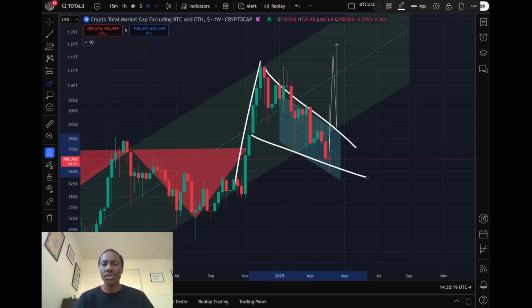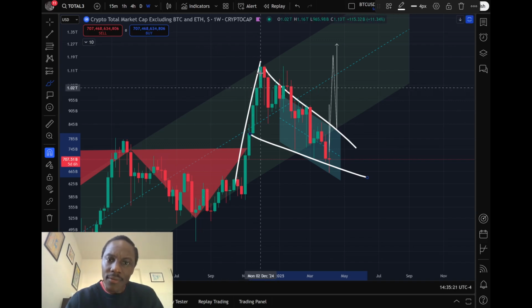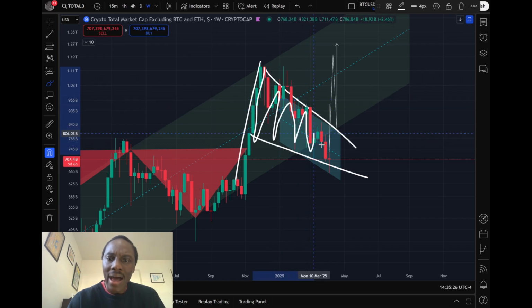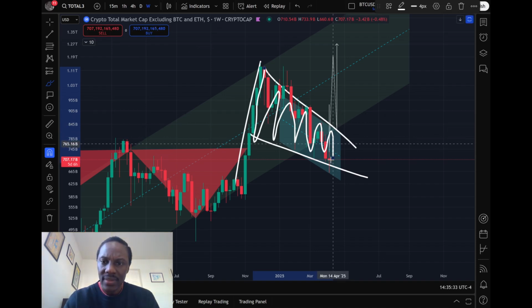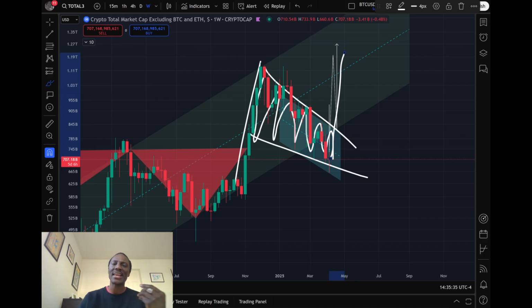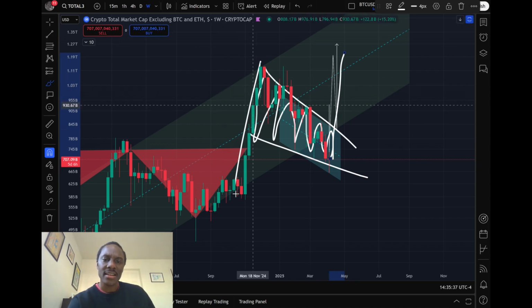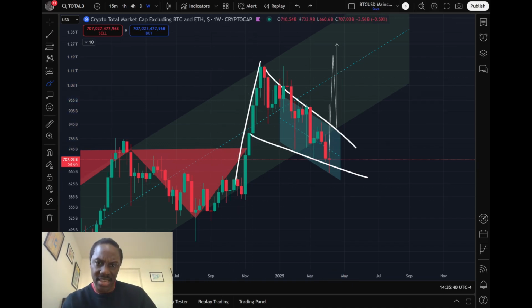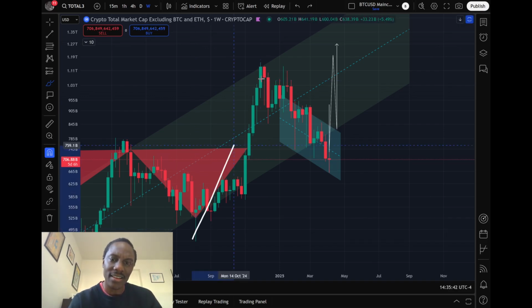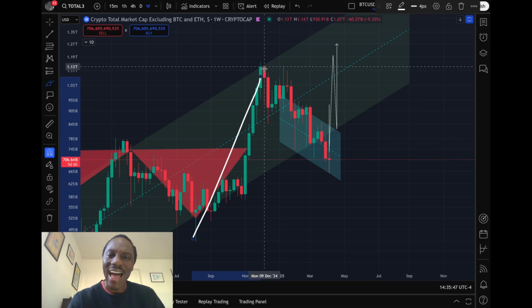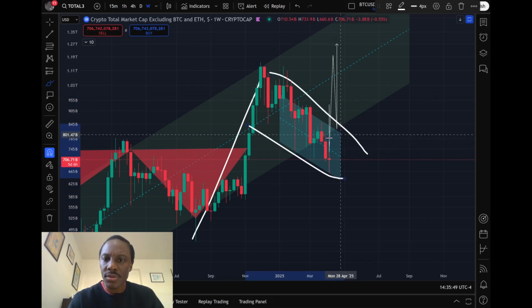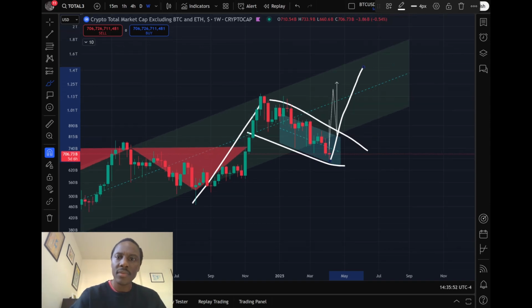Okay, and so you have your breakout in November of 2024, followed up by a flag, which we call a bull flag, if and when it eventually breaks out, and it gives the breakout that typically is the height, or the length rather, of the flag pole superimposed from the flag.